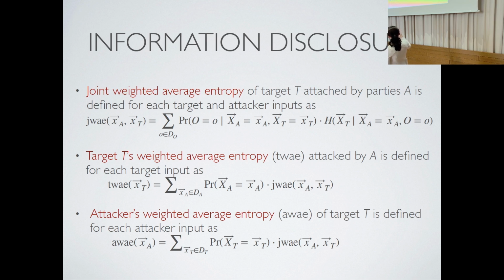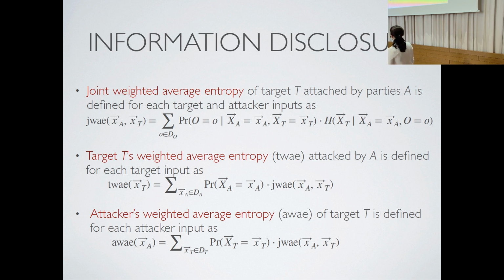The capital letters are the variables, and the lowercase letters are instantiations of those variables. We have the entropy remaining after the computation, and we add them all together, weighted by the probability of that output happening. So if the output is more likely, the inputs are also more likely.